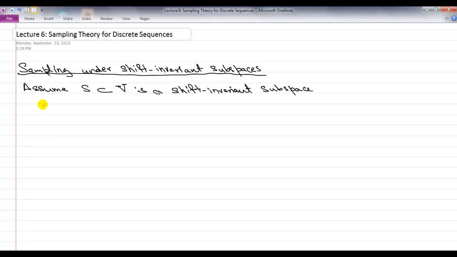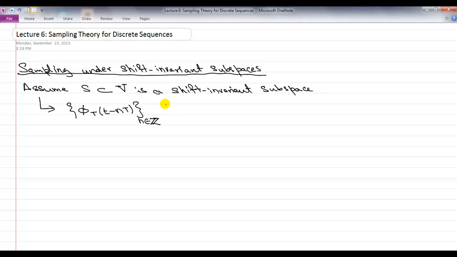If that is the case, then we know that there is a single function such that multiple shifts of that function generate a basis of that subspace. So if we have S being a shift invariant subspace, and a function which I am going to call phi of t, all shifts of that generate a basis of this subspace.